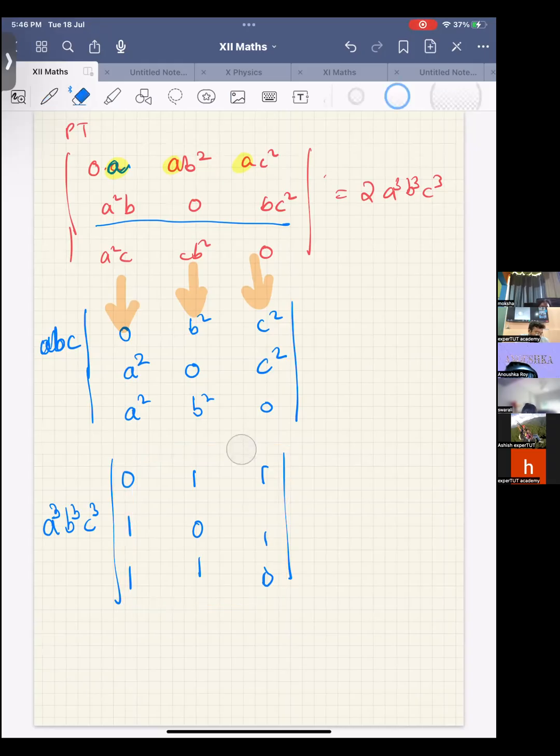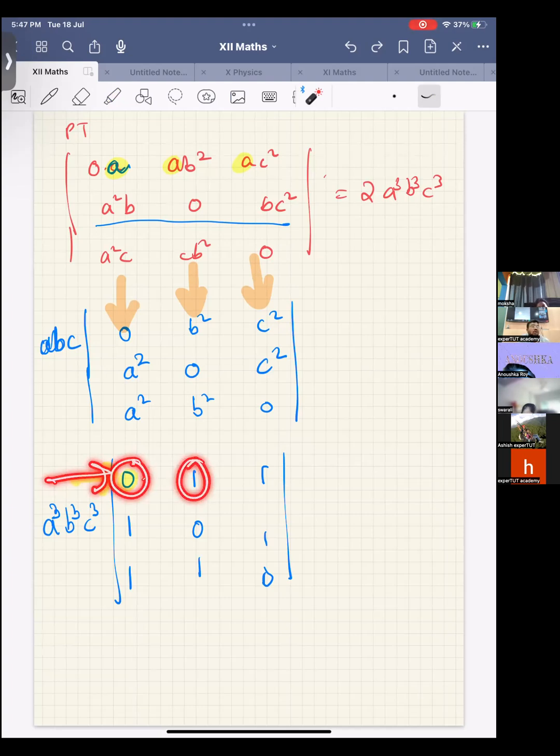Now what we do is, see, if you wanted to expand this determinant, you could have expanded along this. This is 0, right, into this minus 1 into, you know how to expand it, right? But before expanding we will make one more 0. If you want to expand along this R1, this is 0, right?